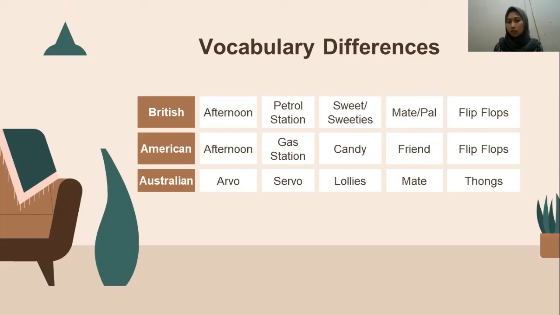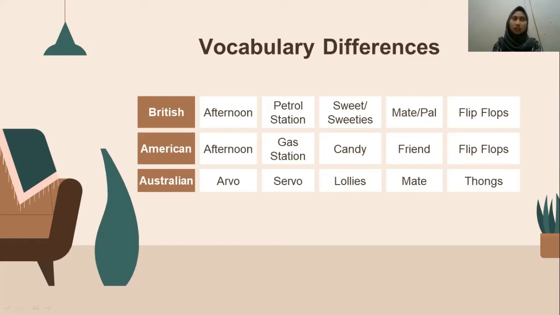The next word: in British, it is mate or pal; in American, friend; and in Australian, mate. And the last one is flip-flops in British, flip-flops in American, and this is the funny one, thongs in Australian.